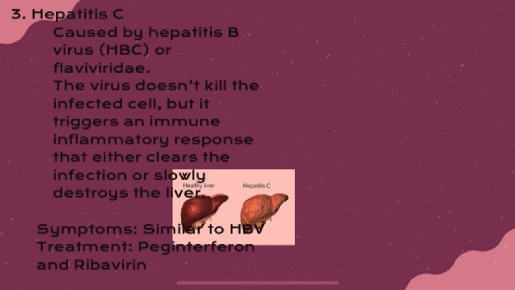Hepatitis C has been described as a silent epidemic, killing more people than AIDS in the United States. Symptoms: similar to HBV but more likely to become chronic. Treatment: peginterferon and ribavirin.